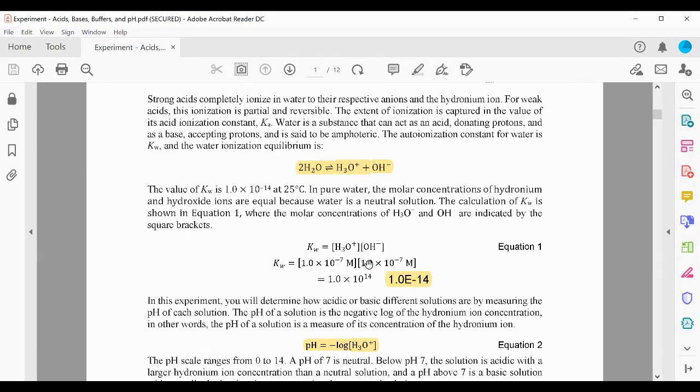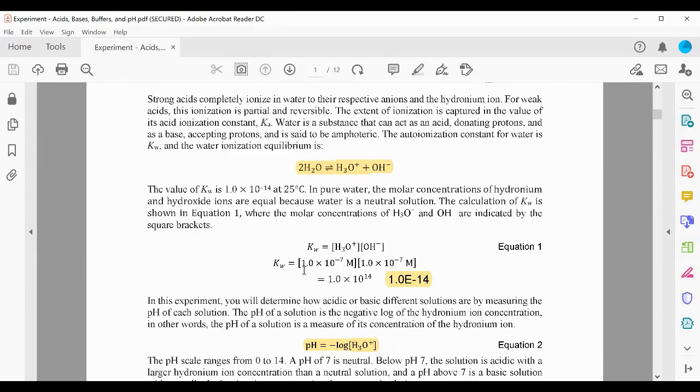So don't get confused. The correct value is the one that is highlighted, right? It is 1.0 times 10 raised to the minus 14. So when you measure that equilibrium constant for water at 25 Celsius, you find that this is the value, 1.0 times 10 raised to the minus 14.